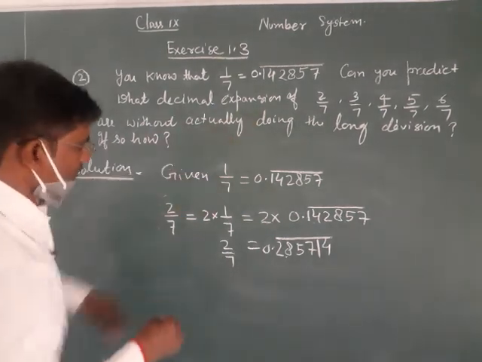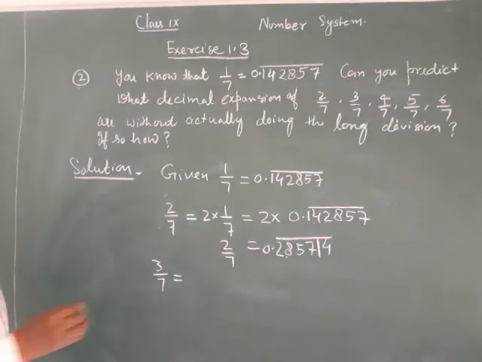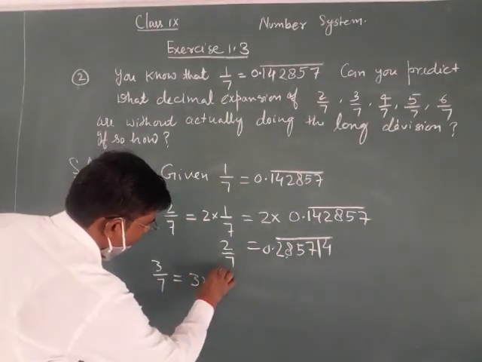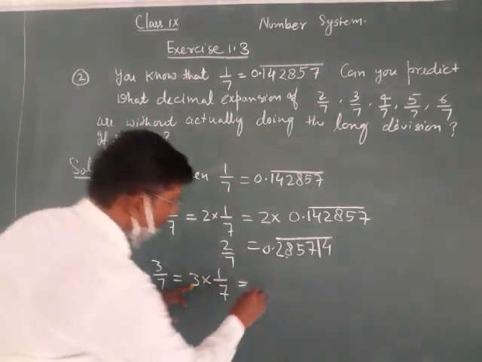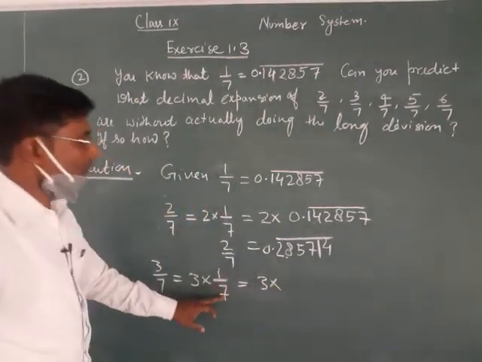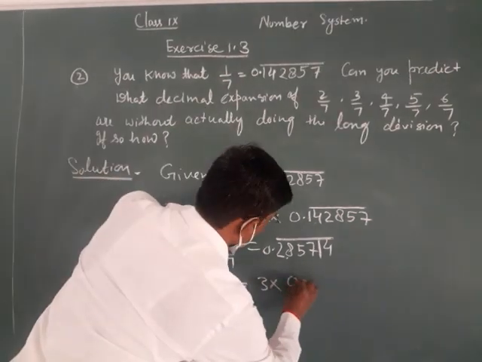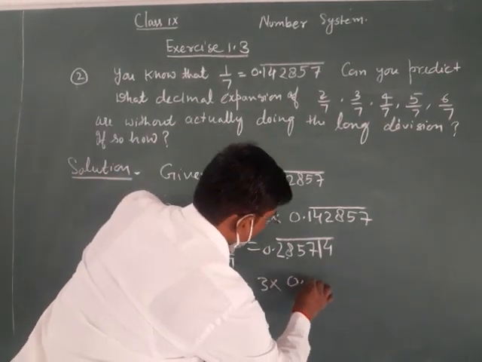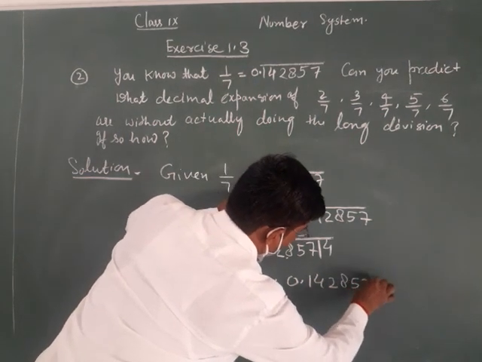Another part, 3 by 7 is equal to 3 into 1 by 7, you can write. Now 3 into 1 by 7, now put the value here, so we get 0.142857.